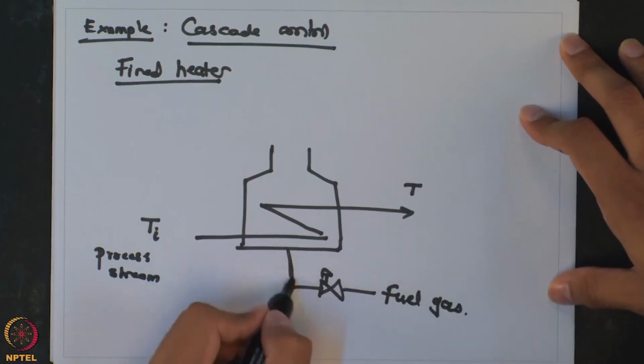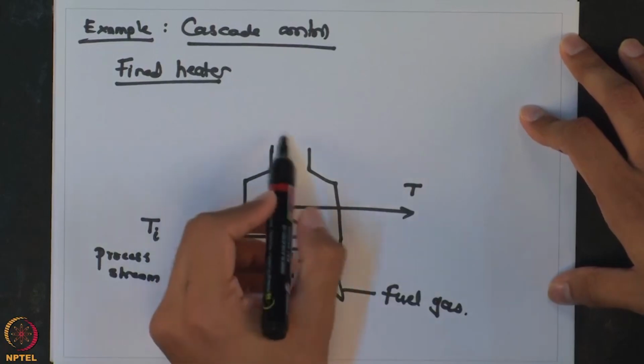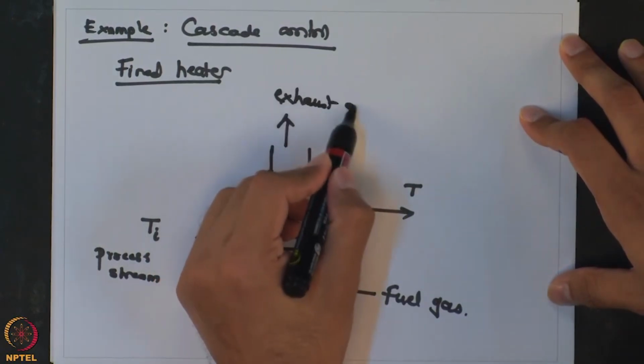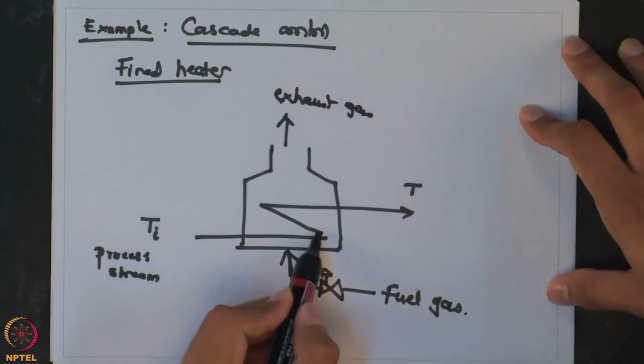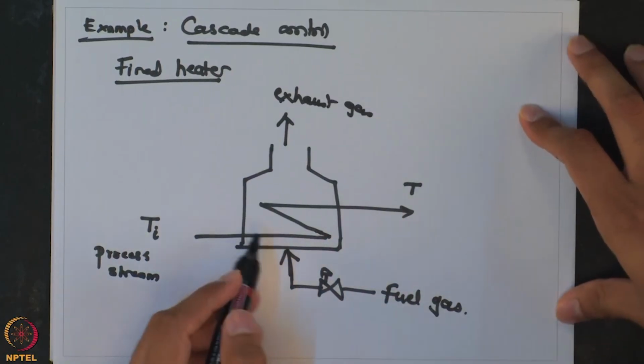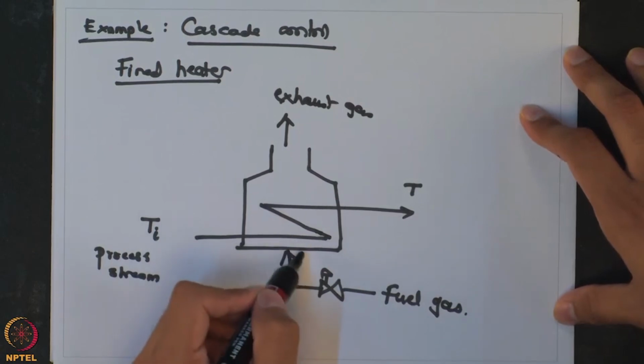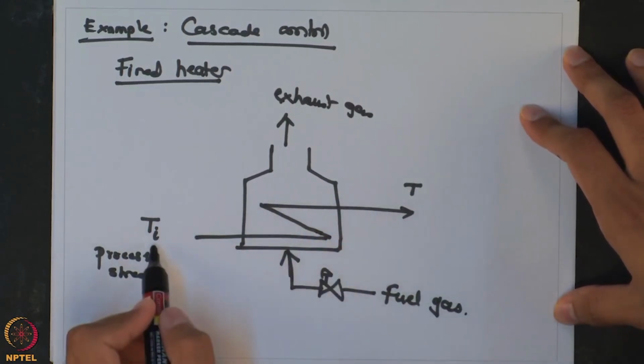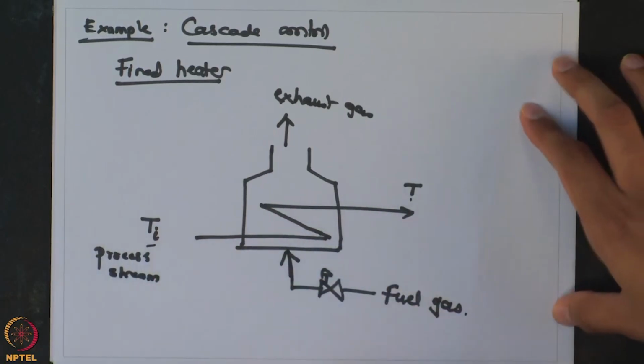The fuel enters this furnace and gets combusted, its temperature increases, and that hot combusted gas is used to heat this process stream from the initial temperature Ti to the final temperature T.